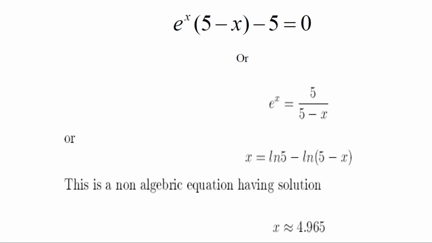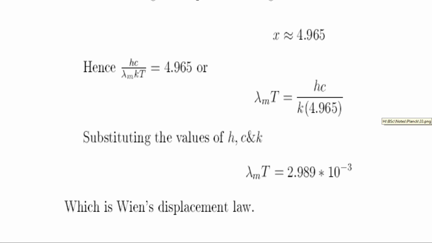We will directly substitute the value of x as 4.965, where x stands for hc by lambda kT. Here lambda is written as lambda_m for the maximum wavelength. We have hc by lambda_m kT equal to 4.965. Rearranging, lambda_m into T equals hc divided by k into 4.965.